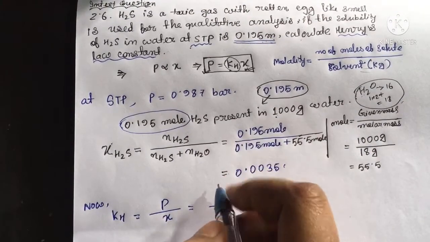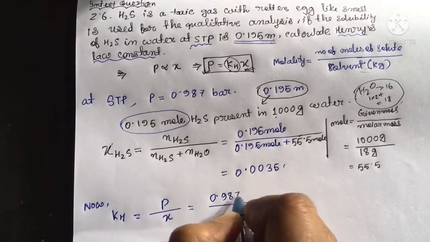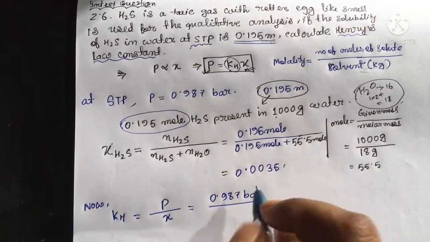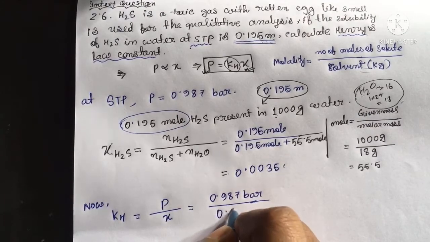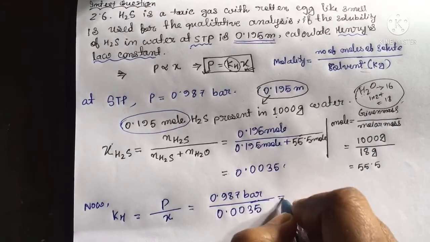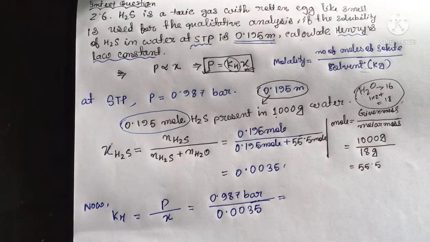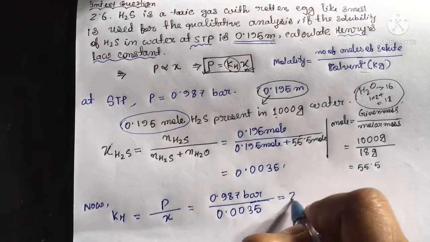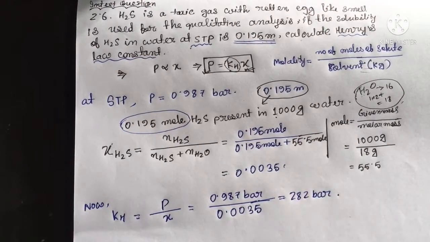The value of p is 0.987 bar, and the value of x is 0.0035. If we calculate these two, then we get the value around 282 bar. So that's all about this question.